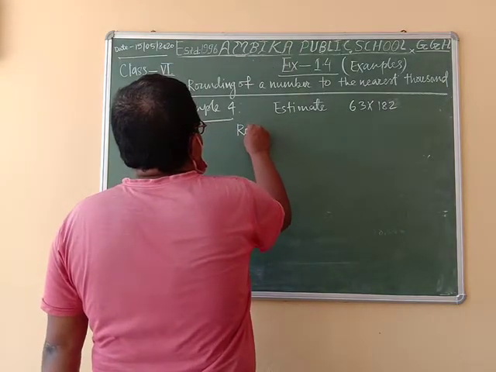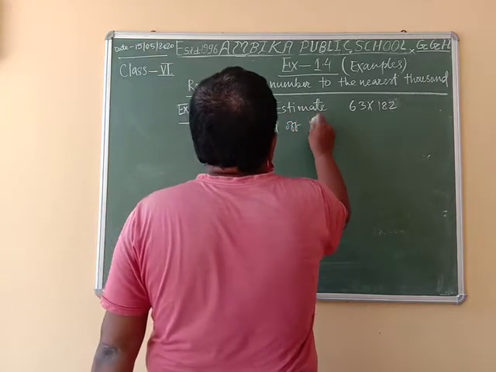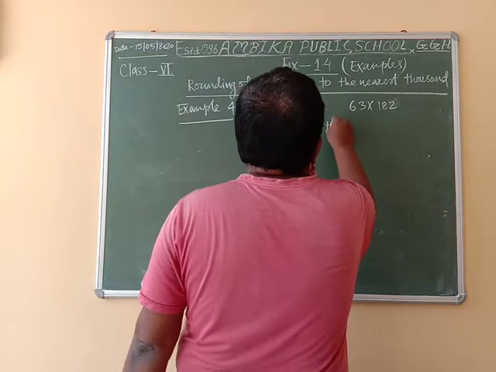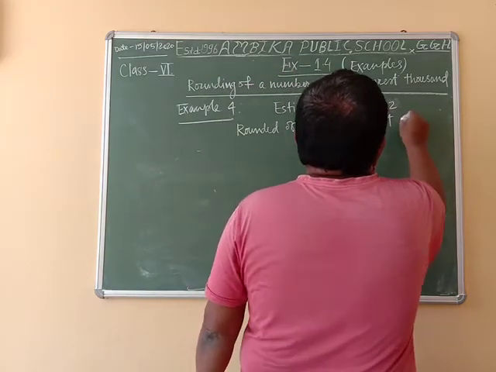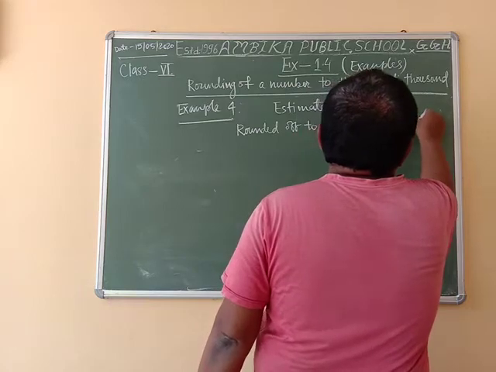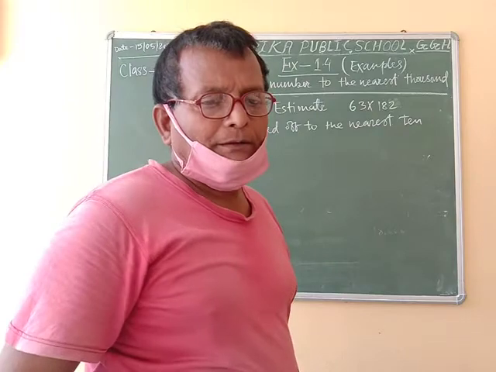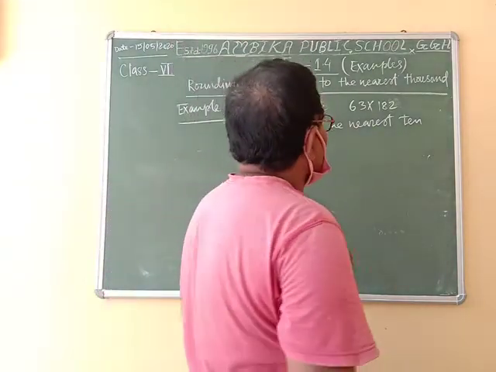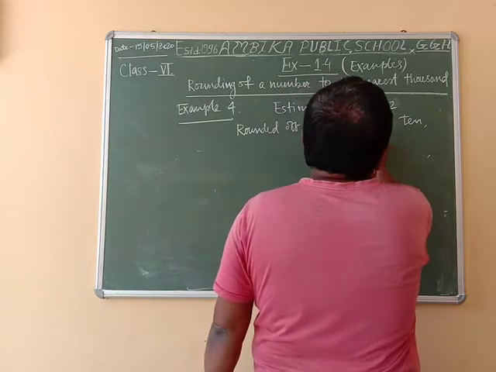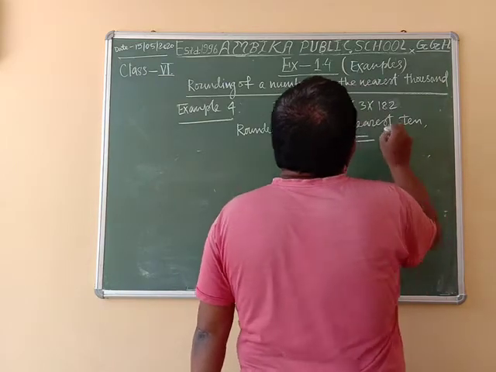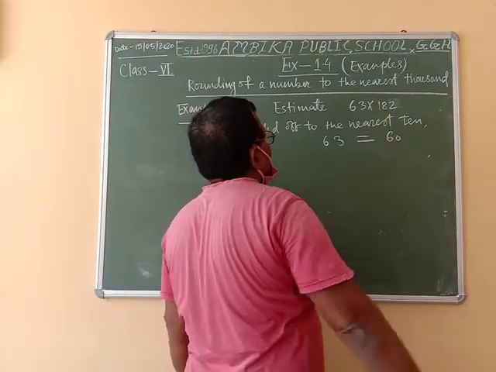Rounded off to the nearest 10, 63 is equal to 60, because the digit at the one's place is less than 5.